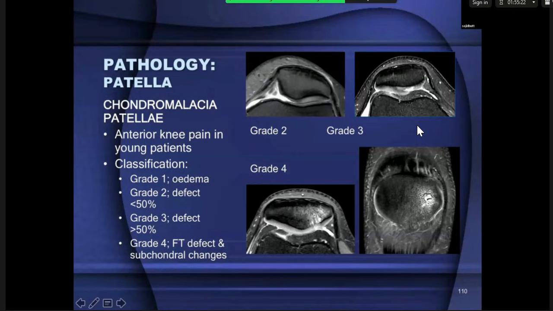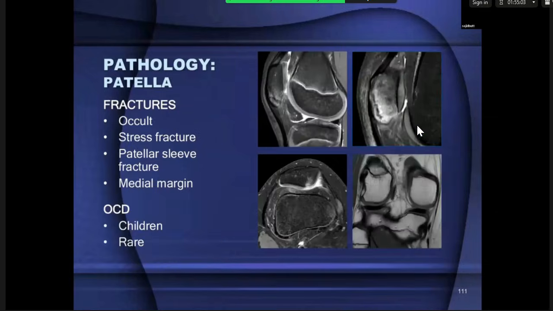So softening, partial thickness, full thickness with then subchondral change. These are the 4 grades of chondromalacia. And you should try and see these not just in the patellofemoral joint, but also in the tibiofemoral joint, over the weight-bearing surface of the femur and the tibia.